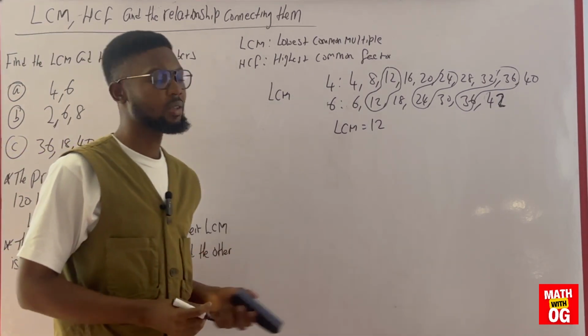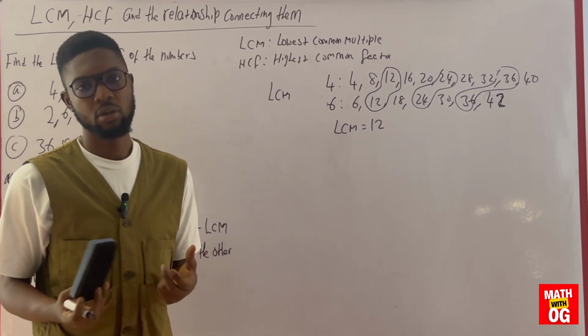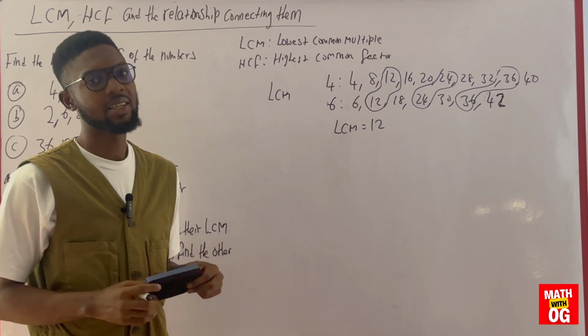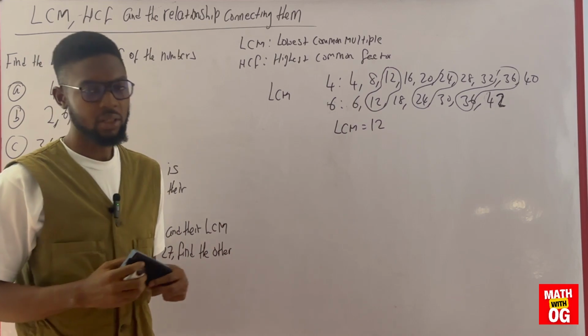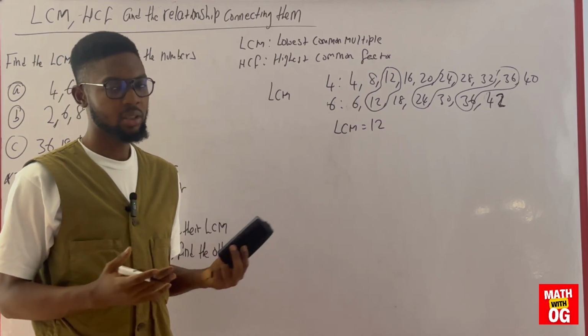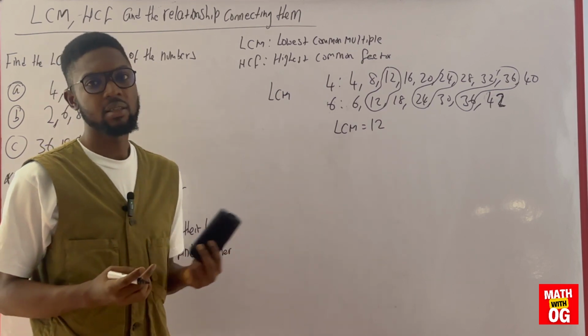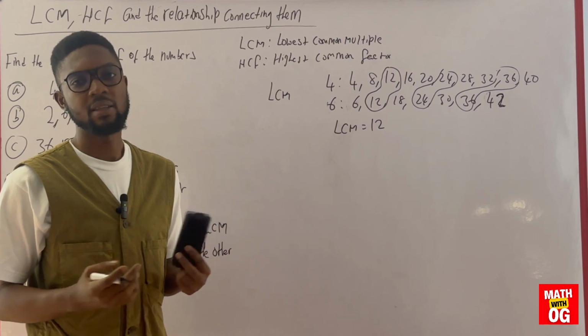However, this method is kind of strenuous because there are times where the numbers will be very huge and bringing out the multiples might be time consuming. So there's a shorter method for finding LCM where you put it in a tabular form and start dividing till you get to a point where both numbers cannot be divided again.